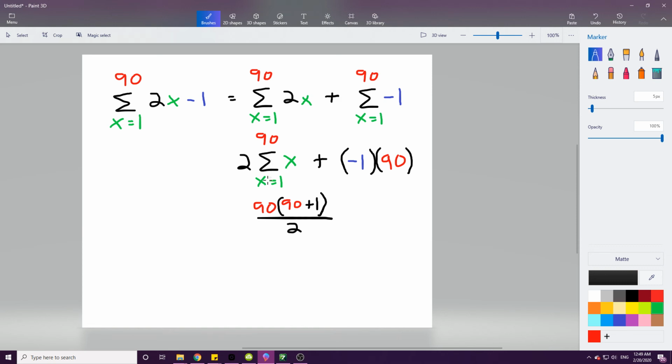That's the summation rule when you have the same variable here and here, and you start at 1. Remember though, on the outside we do have the 2, so we have to multiply this whole thing by 2.